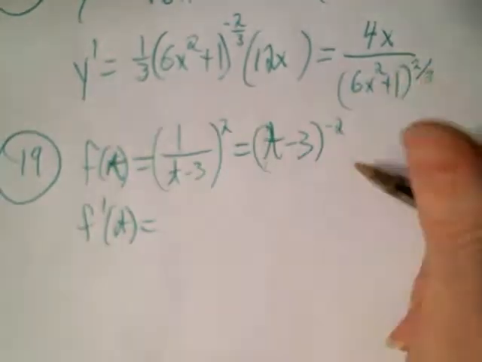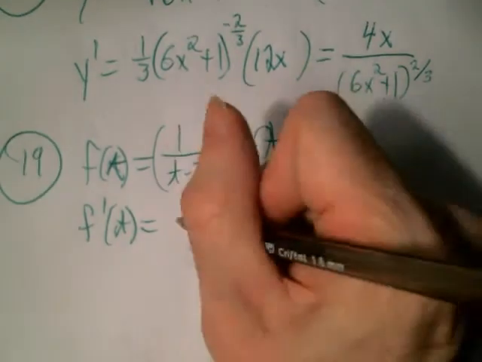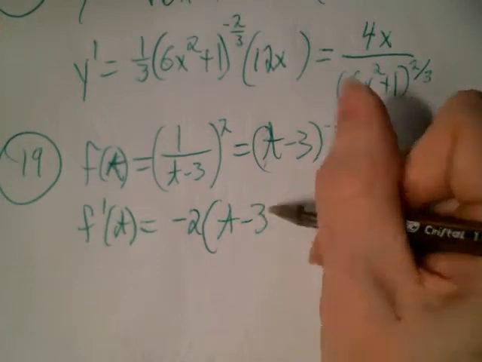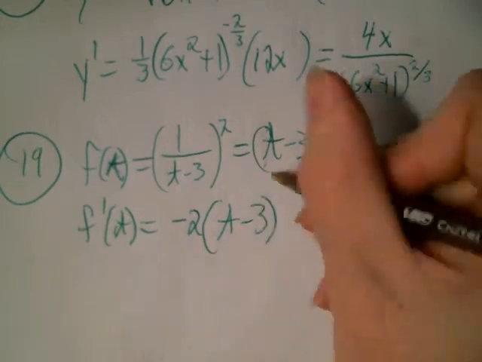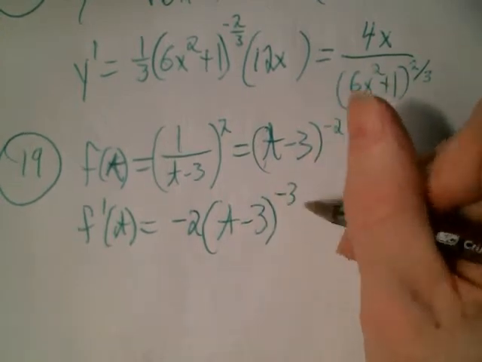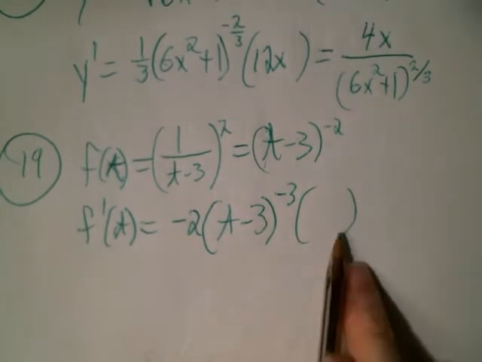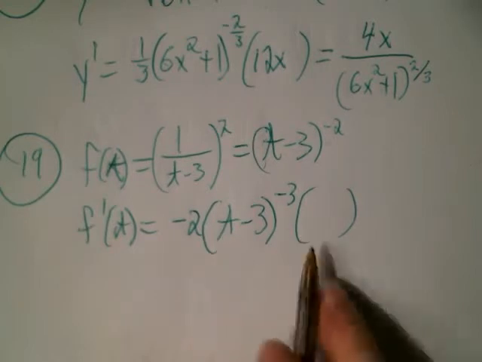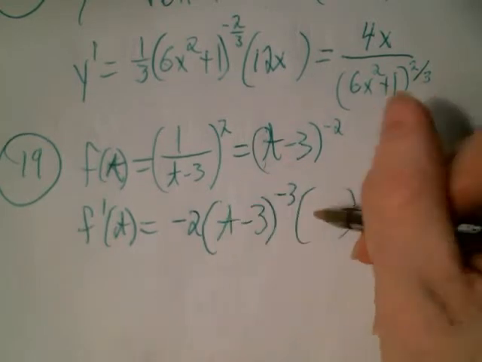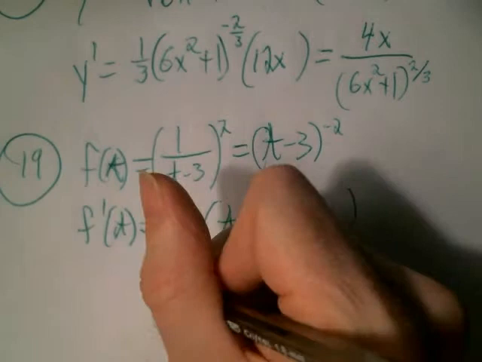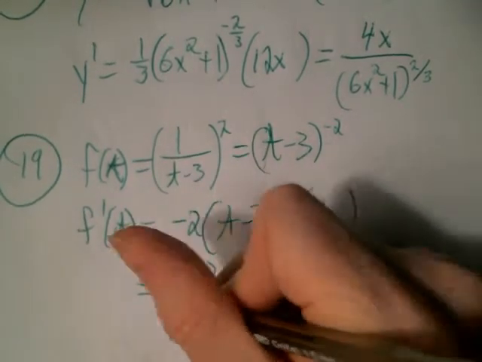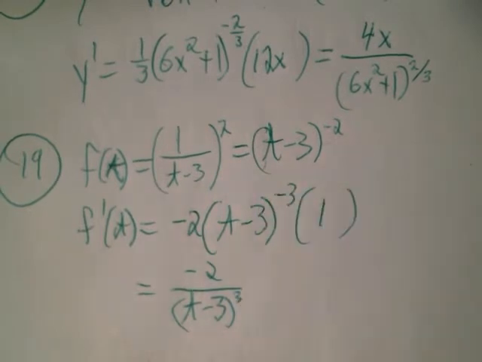Then the derivative, you're doing a power, so bring down the negative 2 times t minus 3, the guts, and then subtract 1 from the old exponent, negative 3, times the derivative of the guts. And this time the derivative is just 1, so you don't really have to multiply by anything, but there it is. So it'd be negative 2 all over t minus 3 cubed at the end of the day.